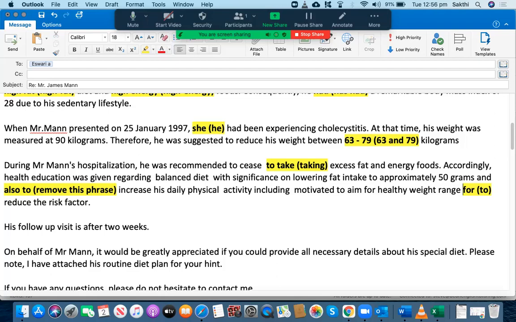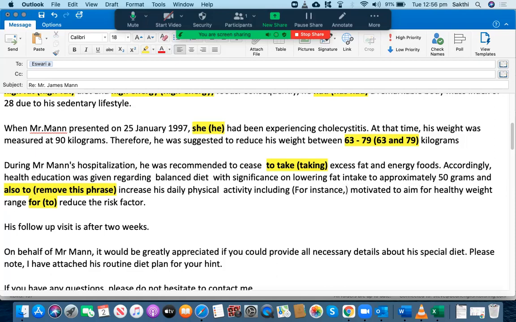That is wrong. Okay. Increases daily physical activity, including motivated to aim. This is wrong. I think what she could have done is she could have started a new sentence, for instance, or in fact, something like that.